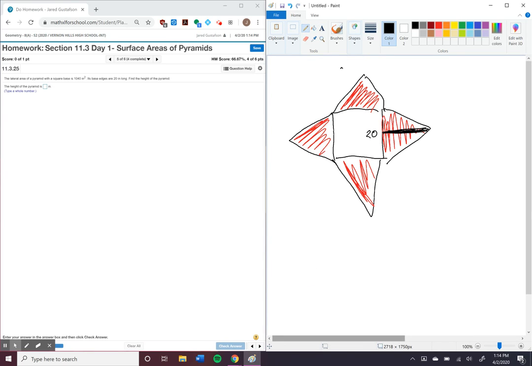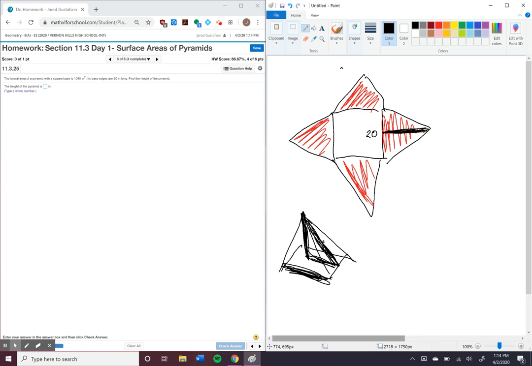If you're drawing your pyramid, we want to find the height. If we know this length here and we have the slant height, we can make the right triangle through the center. So we have to find that slant height.